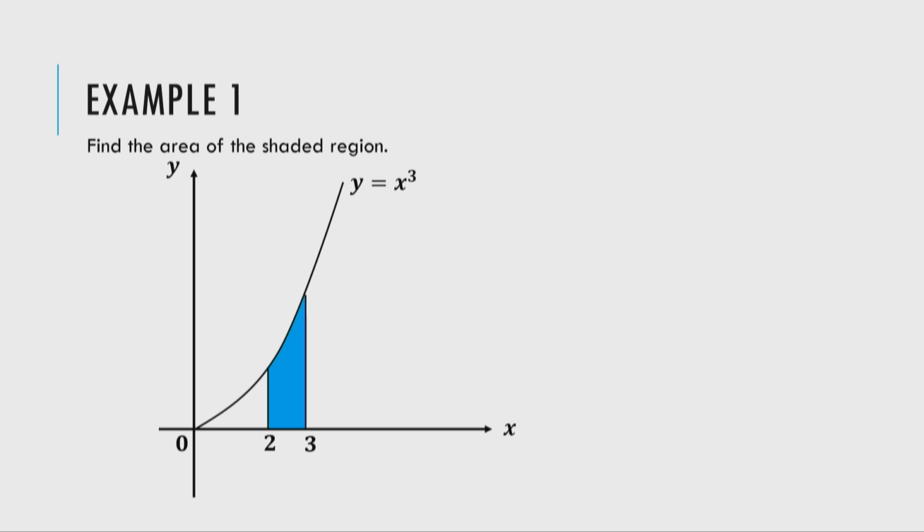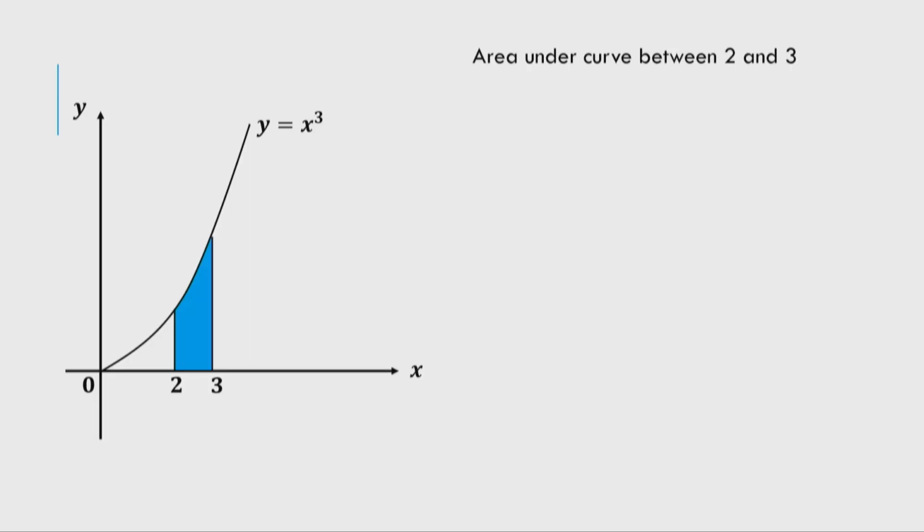Let's apply this rule to some examples. Example 1. Find the area of the shaded region. Area under the curve between 2 and 3 is written as follows: the integral of x^3 with respect to x between 2 and 3. First, we integrate the function to obtain x^4 over 4 between 2 and 3.